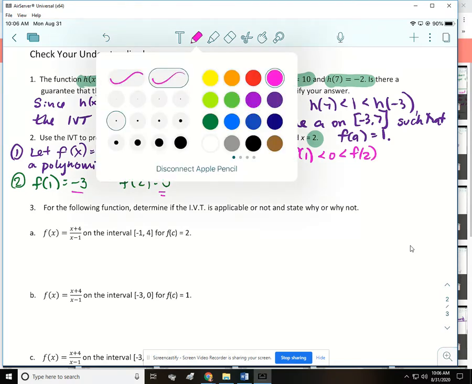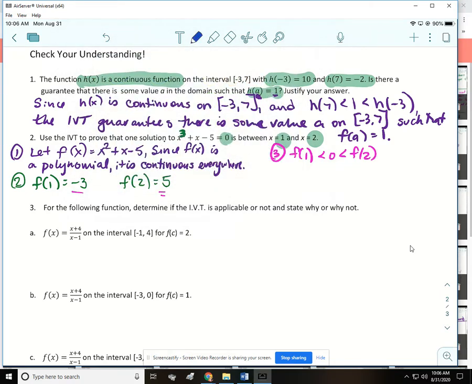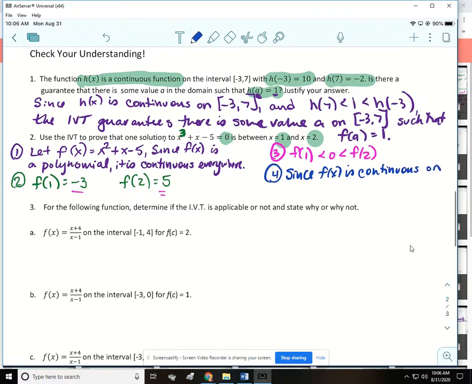And then we can write our statement. So since f of x is continuous, I'm just going to go ahead and use the interval. It is continuous everywhere, though, from 1 to 2. And f of 1 is less than 0 is less than f of 2.